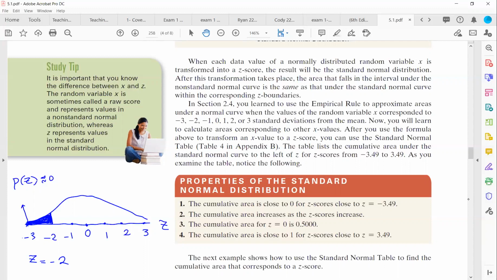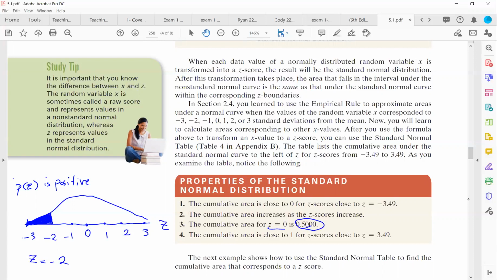So it's not 0. As you can see, I have more shaded portion of the graph here. So the probability of z is positive now. Later, we're going to use our z table to actually find this probability. But for sure, we know that if z is equal to 0, its probability is 50%.